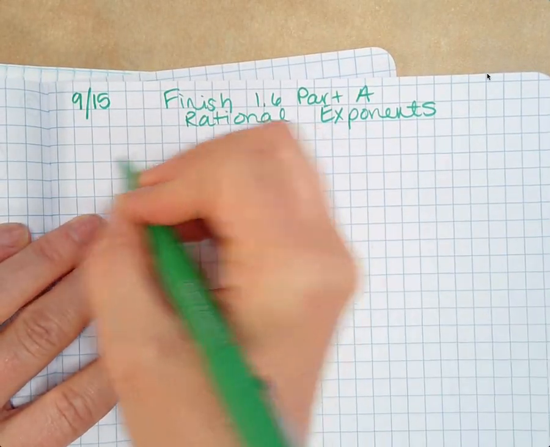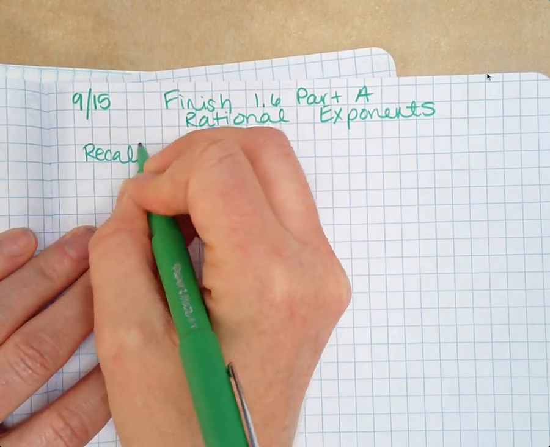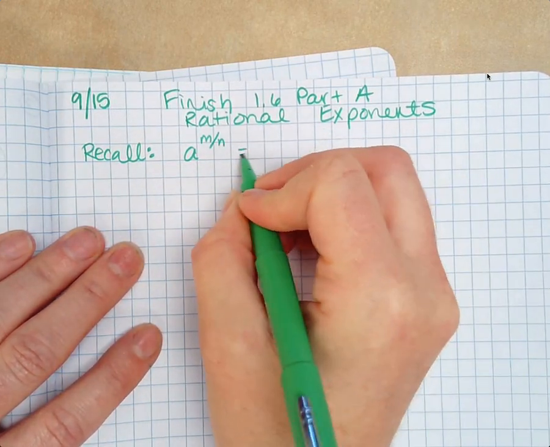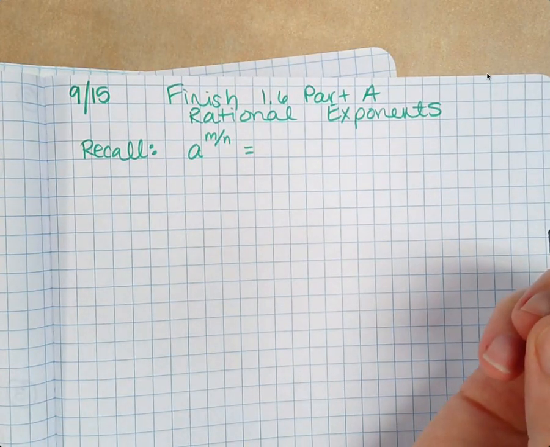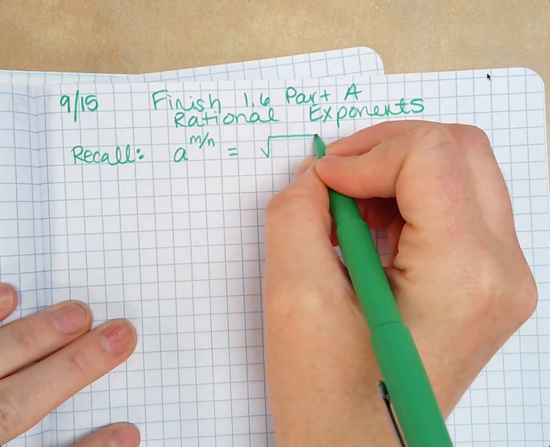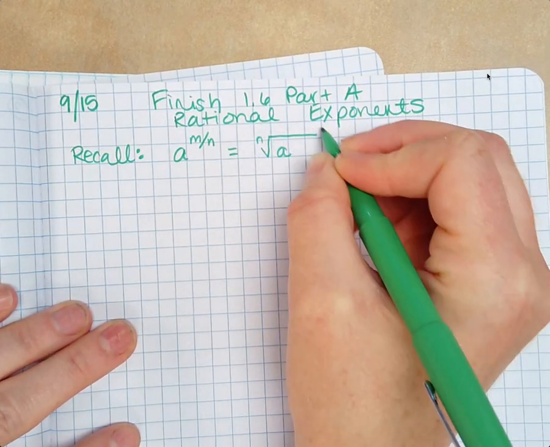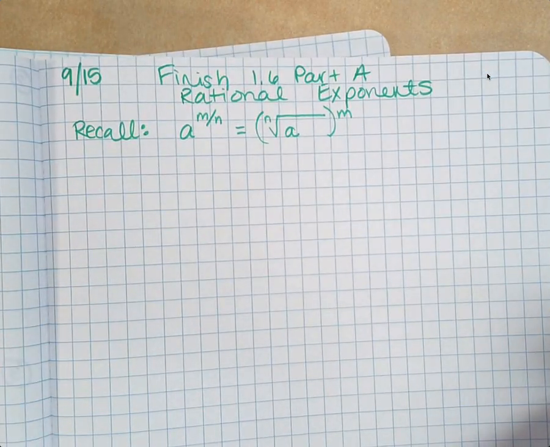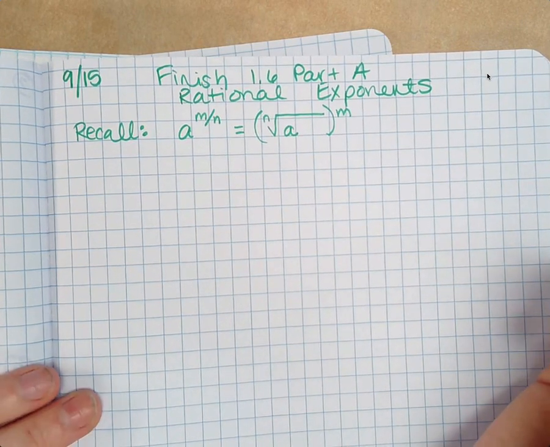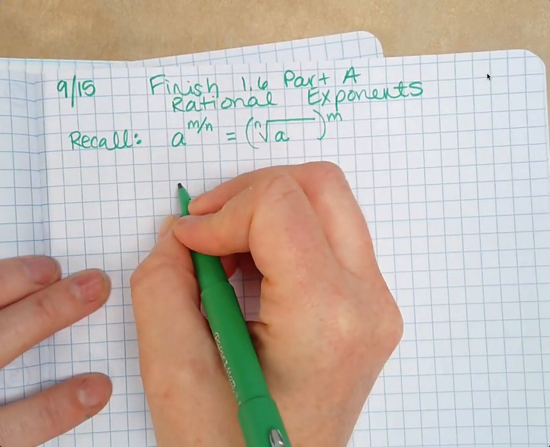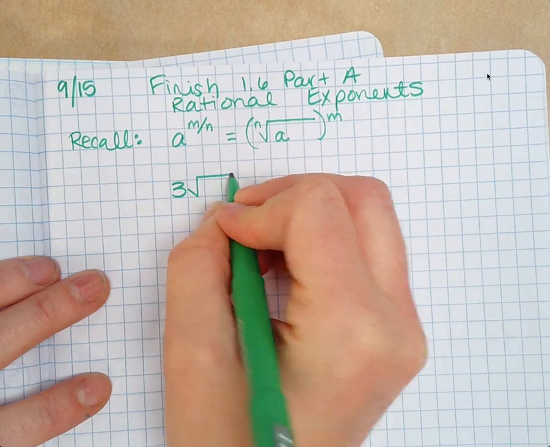So we need to recall what a to the m over n actually means. It means the nth root of a raised to the m power. So let's say we have an equation that we need to solve that looks like this.